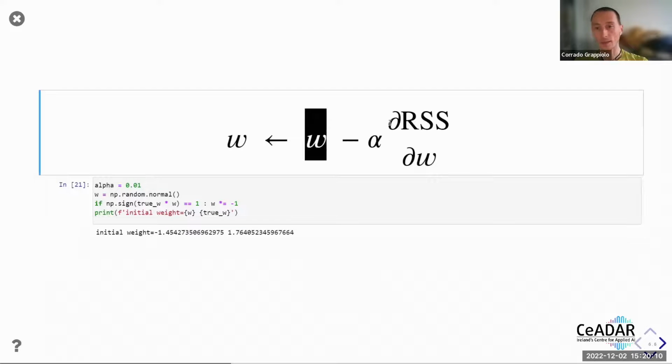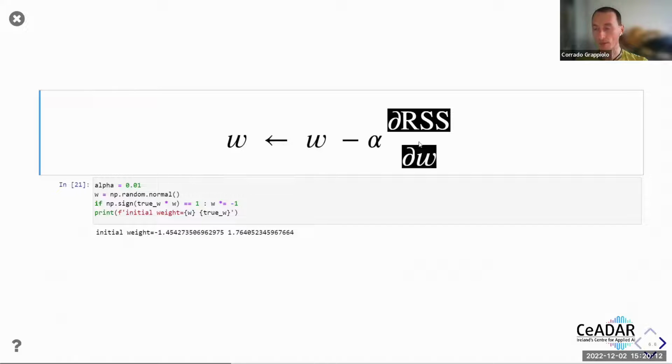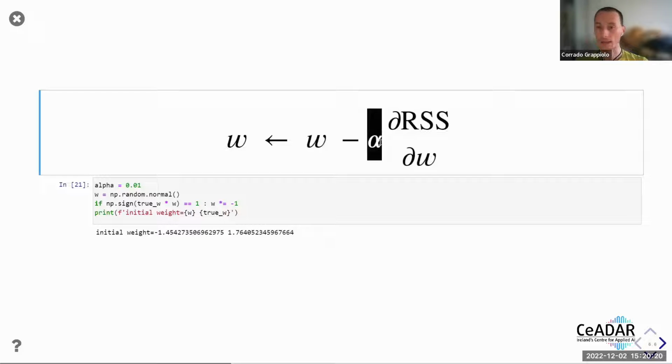We have the current weight. We calculate the derivative of the loss function with respect to the weights, our parameter space. And we subtract from the weight this derivative scaled by a parameter alpha, which is the learning rate. So alpha regulates how much we move from the current parameter configuration.